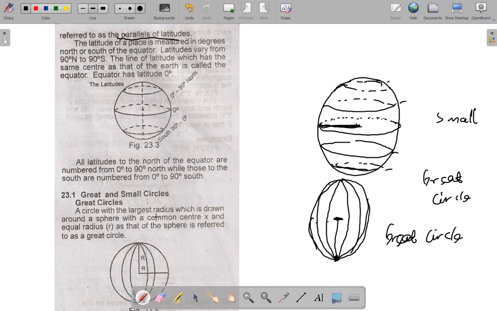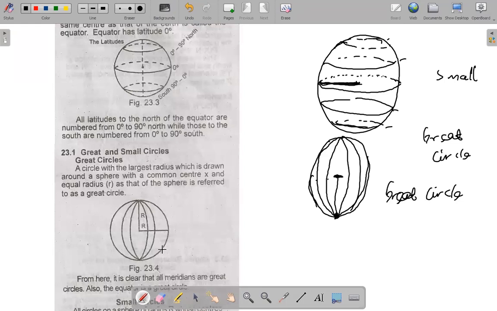Let me read from what I have here. It says the circle with the largest radius, which is drawn around a sphere with a common center X and equal radius r as that of the sphere, is referred to as a great circle. So what they are depicting here, I have a small circle here, another one bigger than the inner one, then another one which is the outer one, bigger than both of them inside.